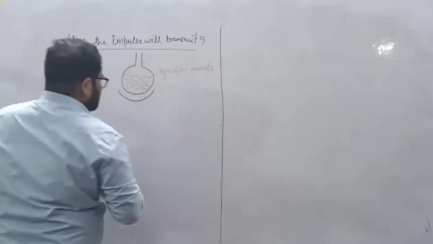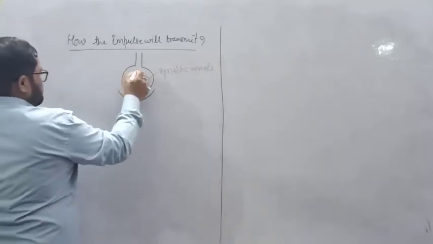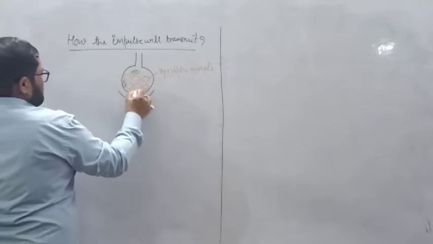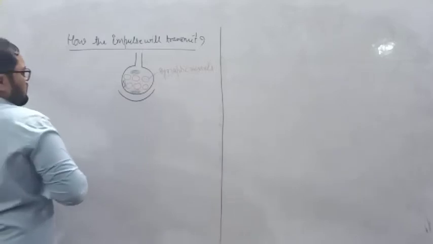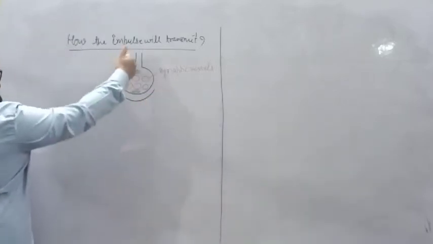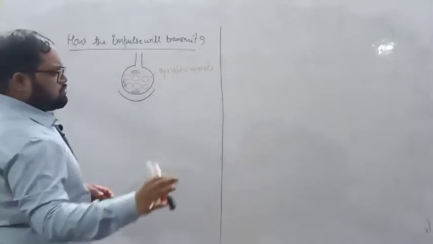Around the synaptic vesicles, mitochondria is present. This one is the presynaptic membrane and the last one is the postsynaptic membrane that I already told you.